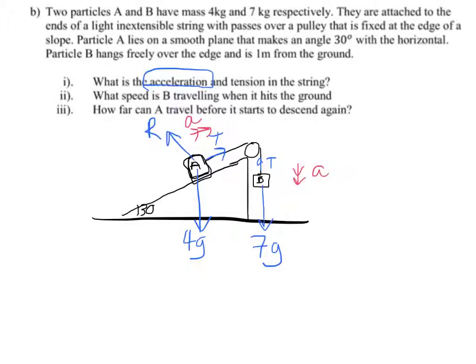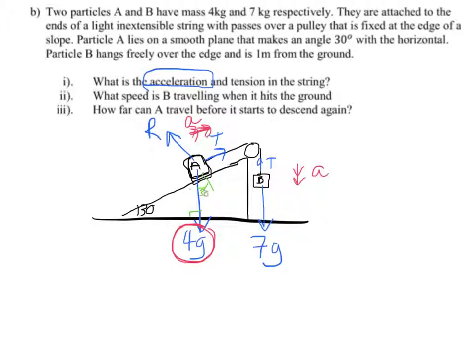Now what we want to do is resolve this 4g so it's in the same line as the line of motion, i.e. the line of acceleration. It's accelerating parallel to the plane, so we want to resolve this 4g parallel and perpendicular to the plane. Is the 30 degrees here or here? It can't be here, because this is a right angle, so it must be here.